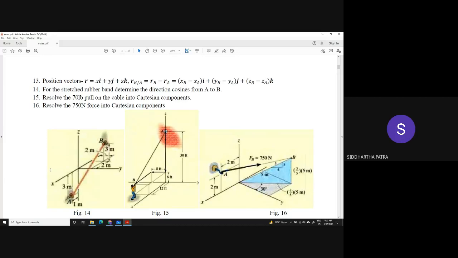I may not be looking at your copies, but I can tell you, out of 65 or 70 people that you are, let's say 40 of you are actually bothering to solve this problem. At least 80% of those would not bother even to use the symbol of the position vector. You'd simply use AB as the vector. So try not to do that. Try to use the proper representation.